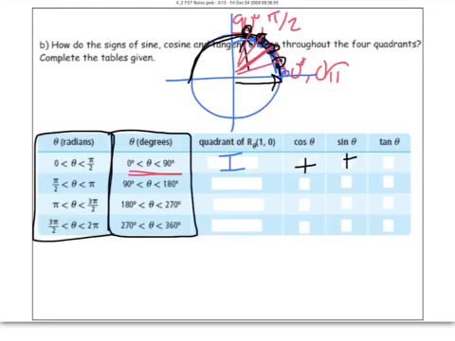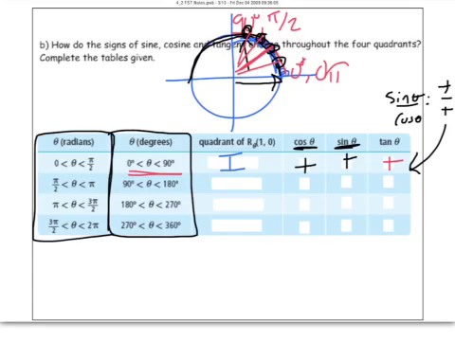So their tangents have to have a positive slope. Or remember, by definition, tangent is sine over cosine. Well, if the sine here is positive and the cosine is positive, a positive number divided by a positive number has to also be a positive number, which gives us a positive tangent.